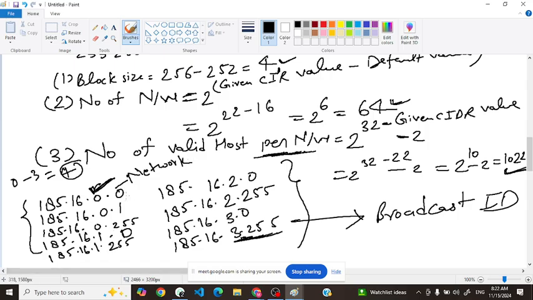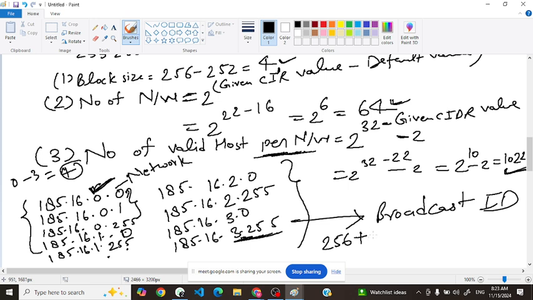Okay. So how many numbers will come from 0 to 255? How many IP addresses? 256. So from 1.0 to 1.255, how many IP addresses will come? 256.